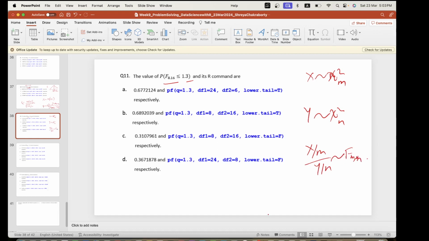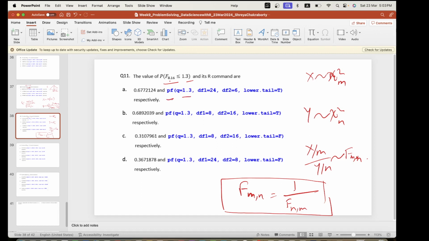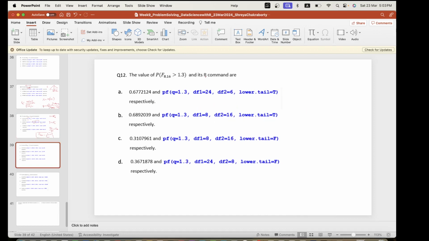And also Fmn is actually 1 by Fnm. This also holds. And to find this, the syntax is similar. pf of 1.3, df1 will be 8, df2 will be 16 and lower.tail would be true. To find out greater than, the same thing, lower.tail would be false.